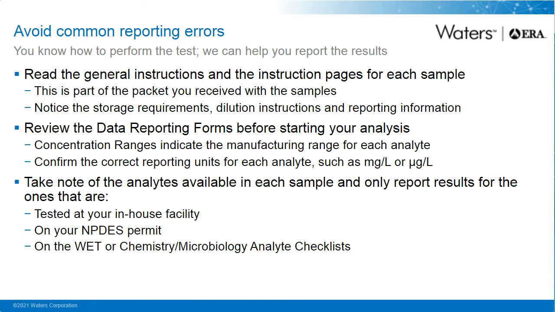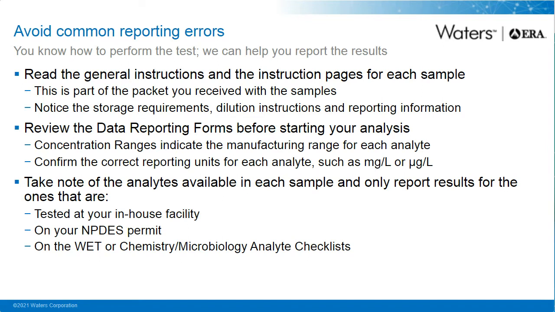First, I know you get a lot of paperwork, but please read both the general information for the study and the specific instructions page for each sample. Here you'll find storage requirements, dilution instructions, and reporting information. Next, always review the data reporting forms before starting your analysis.